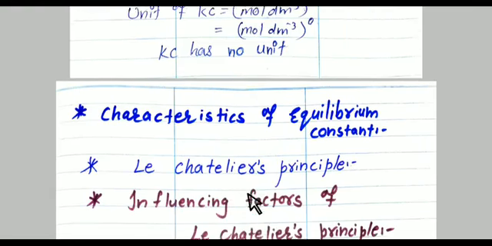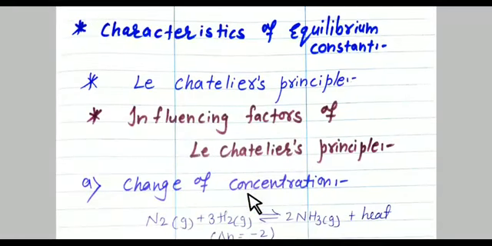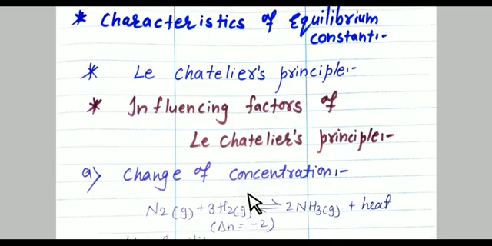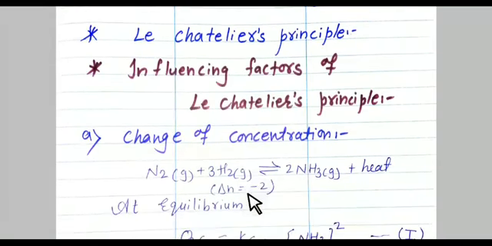There are different factors which influence Le Chatelier's principle. The first is change of concentration. Now we are taking a reversible reaction, the formation of ammonia. As we know, what is delta n?